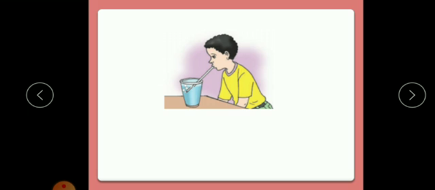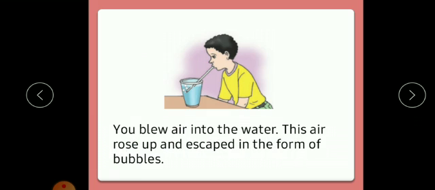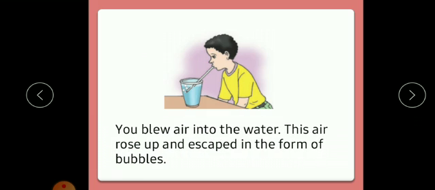Children, this happened because when we blow air into the water, this air rose up and escaped in the form of bubbles. As you can see here, the air has risen up and escaped in the form of bubbles.